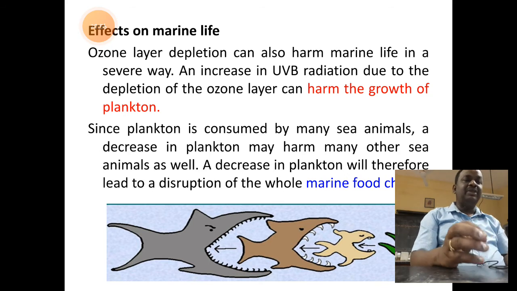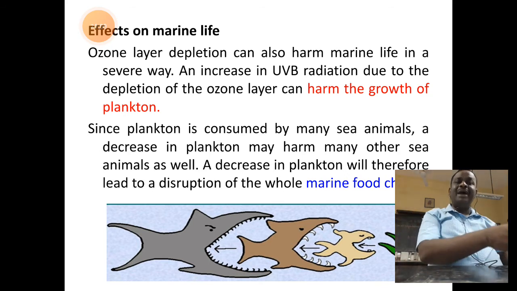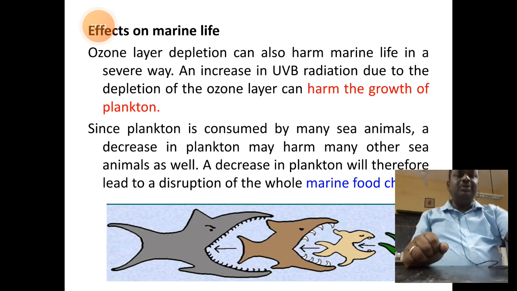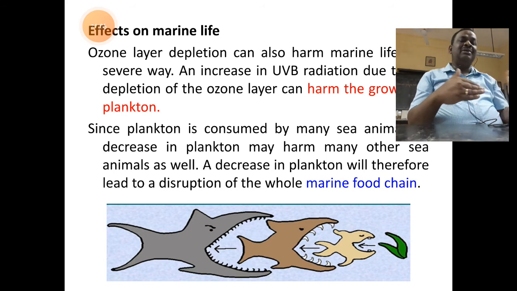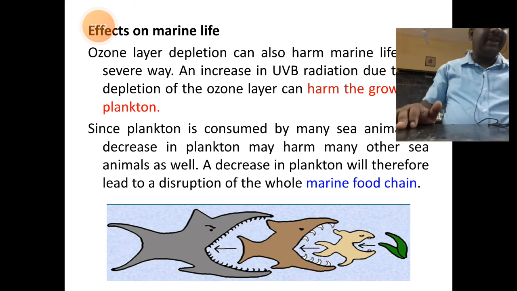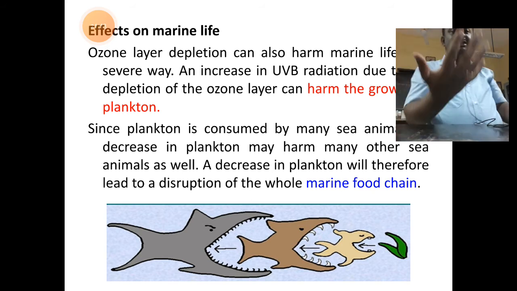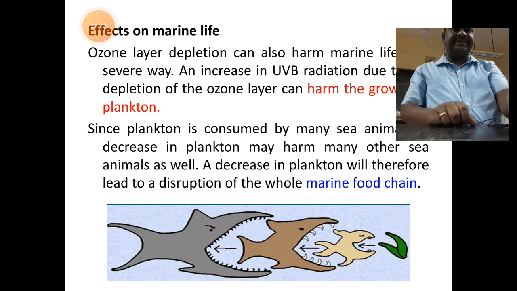When there is a decrease in the planktons, it disrupts the marine food chain. So, down in the picture you can see how exactly the organisms of one trophic level are dependent on the other trophic levels. That primarily depends on the basic trophic level of the food chain, the planktons.